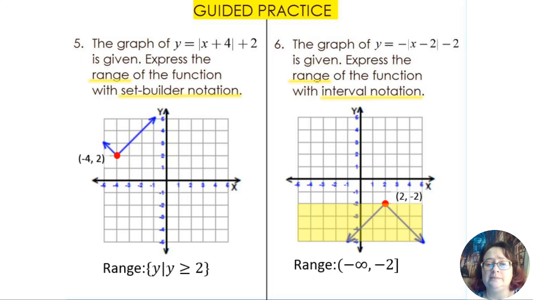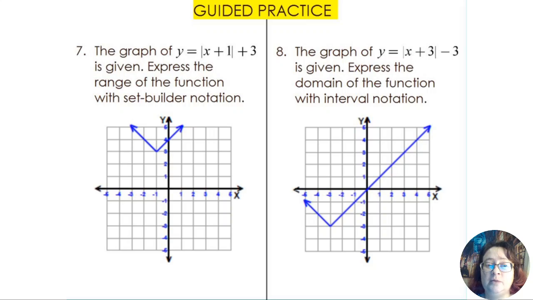Let's try a couple more. For number 7, again, we're given an absolute value equation and a graph. We're going to underline our keywords, the range of the function, and set builder notation. So range means my y values, that's up and down.